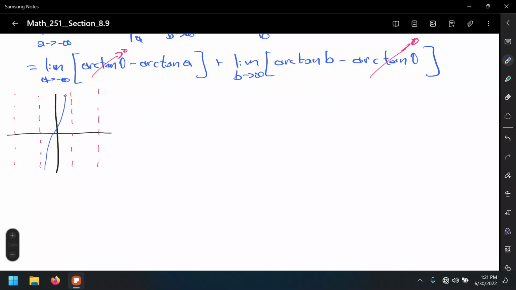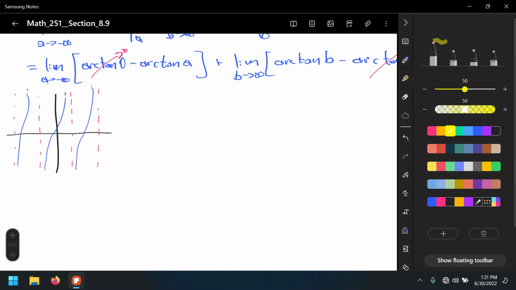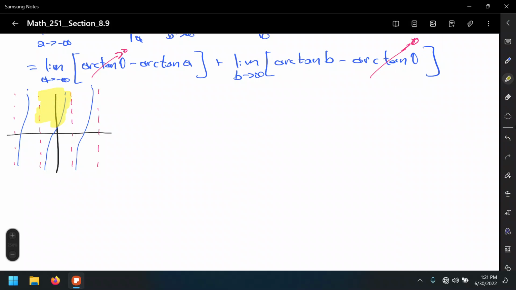But of course we only took one portion of the graph in a way that the function is invertible, because this function right here doesn't pass the horizontal line test, therefore it's not one-to-one, and finally it's not invertible. So we need to just take one portion of the graph, that is, I'm going to take only this portion, between these two vertical asymptotes right here, negative pi over 2 to pi over 2. So that's y equals tangent x.